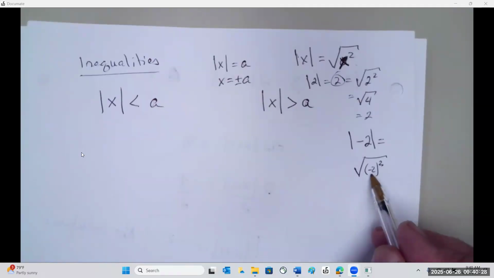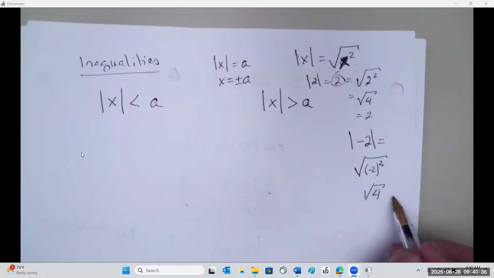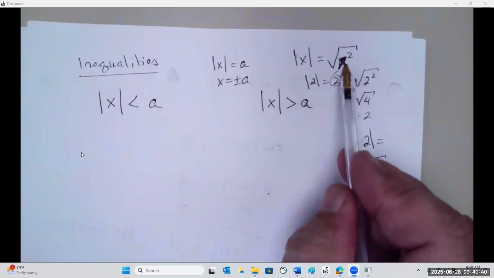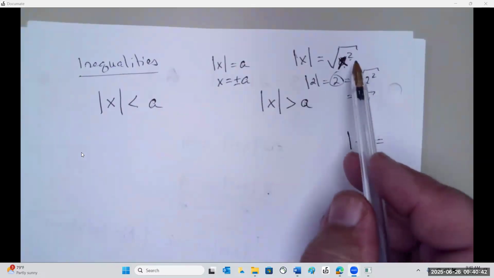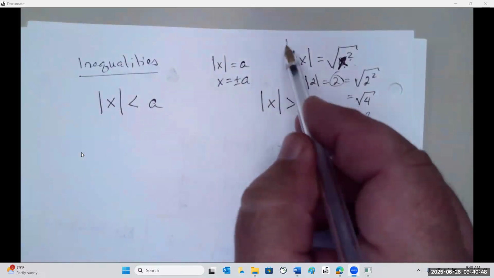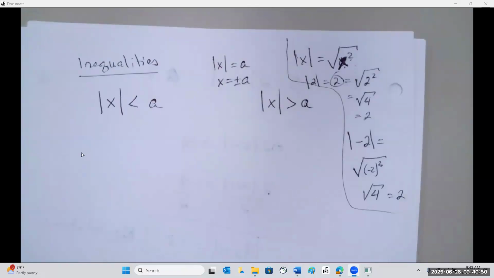It always becomes positive. -2 times -2 is +4. So the square root of 4 is 2. That's the reason we square it first to get rid of the negatives, and then we square root it to bring it back down. So that's the formula for the square root symbol. That's why it always works.